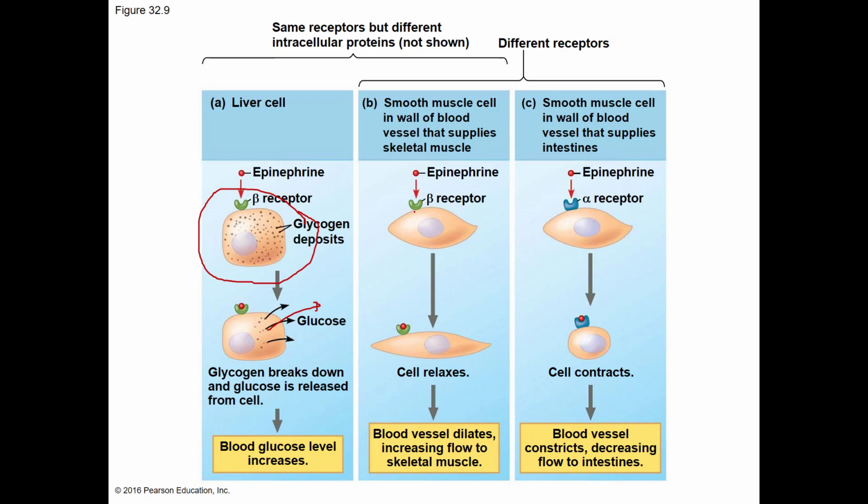On smooth muscle cells, it's going to relax them so that you have an increase of oxygen and your muscles can go instead of being all tight and drawn up. And then also on smooth muscle cells, specifically in the intestines, once it attaches, the cell contracts, which means that it's not going to do what it wants to do.